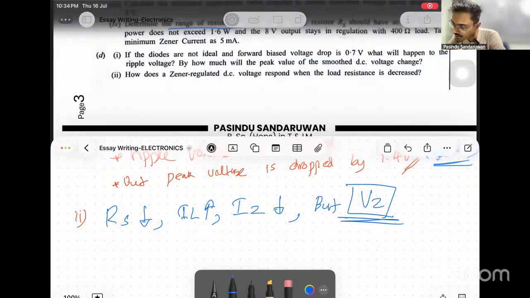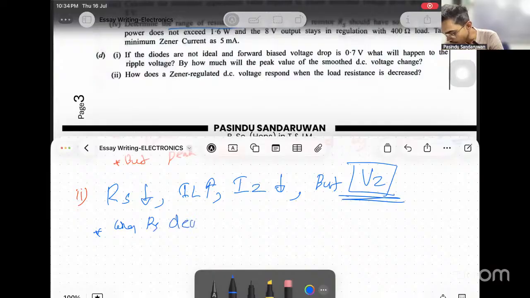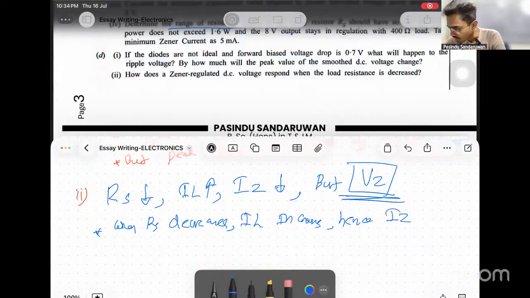Then the question is, how does the regulated voltage respond? You have to explain this in words. When the load resistance decreases, IL increases. Hence the Zener current decreases.